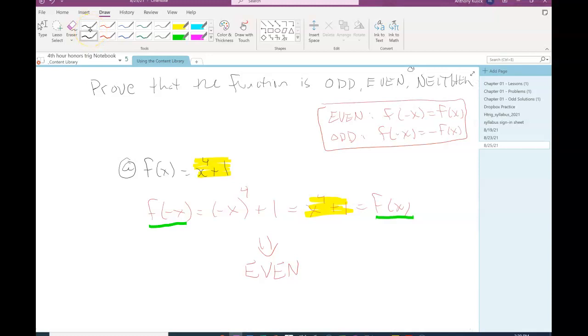Mia? How did you get rid of the negative? A negative to the fourth power is negative times negative times negative times negative, which is positive. Yeah, but why would you keep the fourth power there, if you used it to get rid of the negative? So if I did negative 2 to the fourth, I would do negative 2 times negative 2 times negative 2 times negative 2, which would be 2 to the fourth.